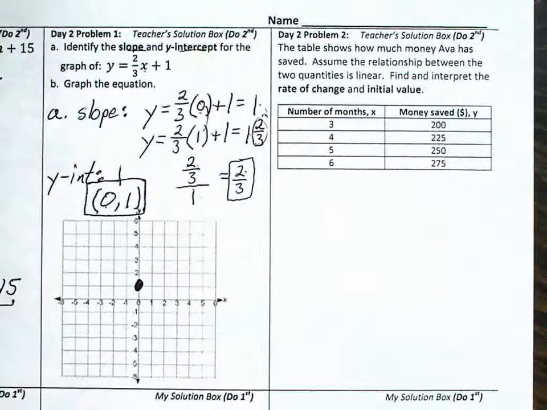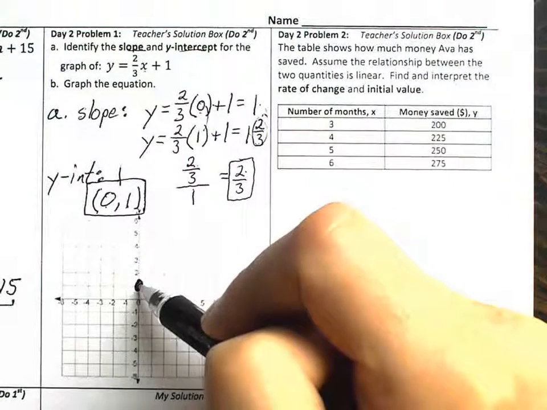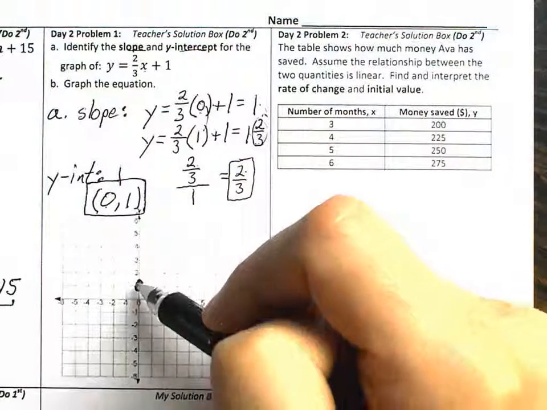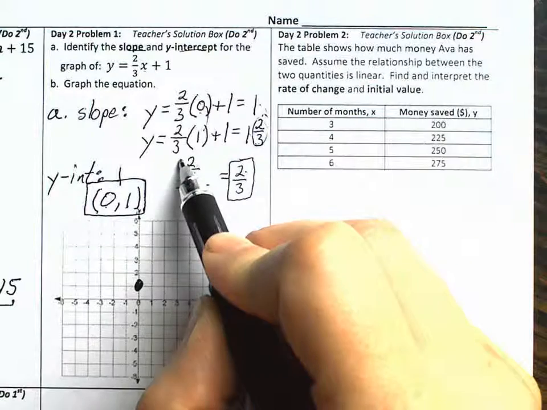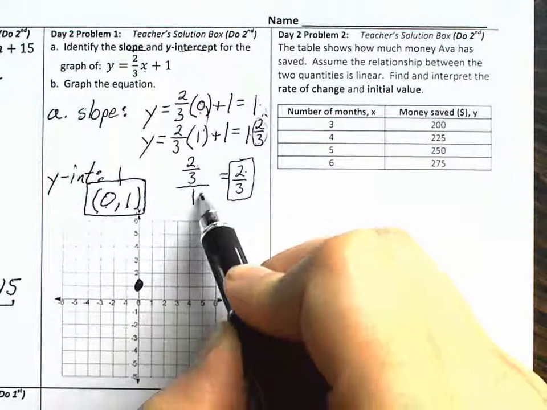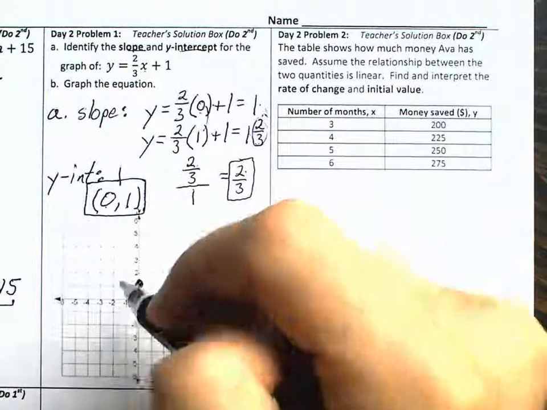Now we're going to use our slope to find another dot. Slope is rate of change, explaining how it changes from one dot to another on a line. Okay. The y value will increase 2/3 every time the x value increases by 1. Let's do that.